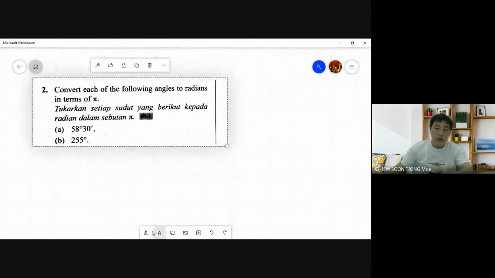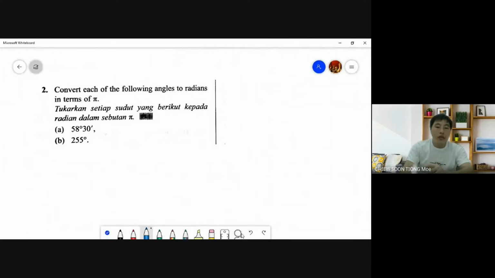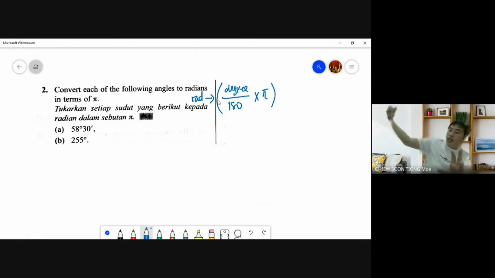So for degree to radian, we're using another formula: degree divided by 180 times pi. You get the answer in radian form. Later I will show you the rationale for why we do this.